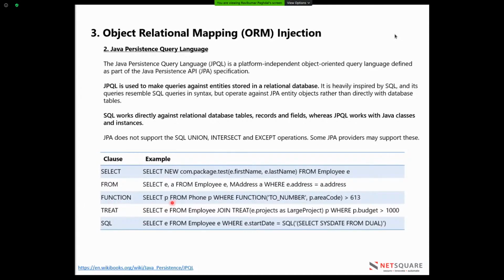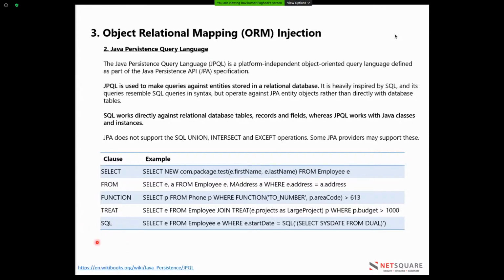There is a function. If you want to execute some function, there is a syntax called function and your parameter name. Whenever an SQL operation or SQL syntax is not supported by the ORM, the ORM also provides such kind of functionality to directly execute an SQL statement, which is not supported by JPQL.